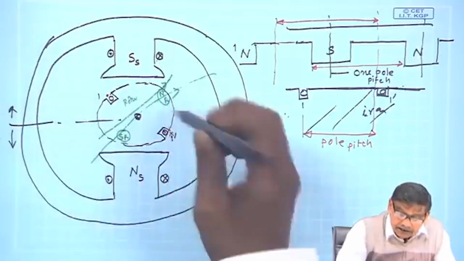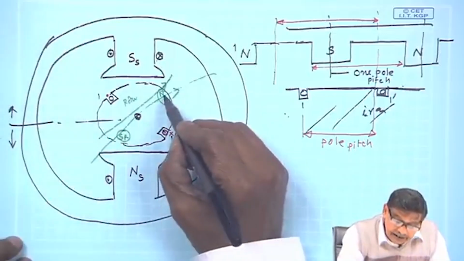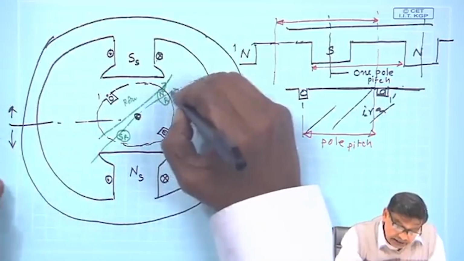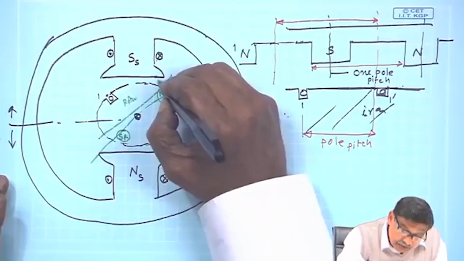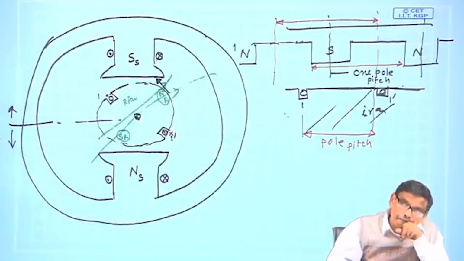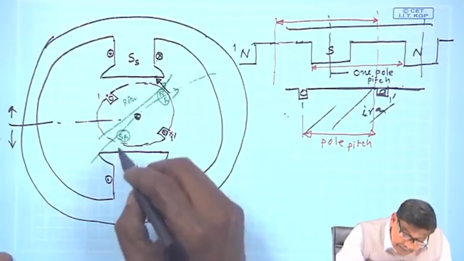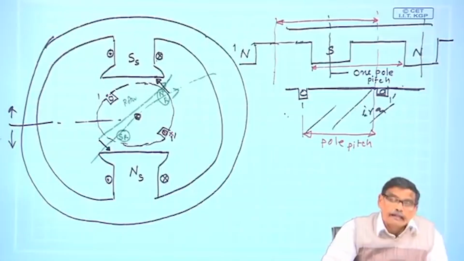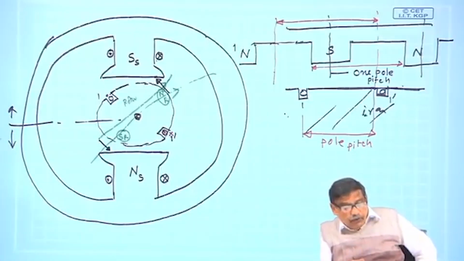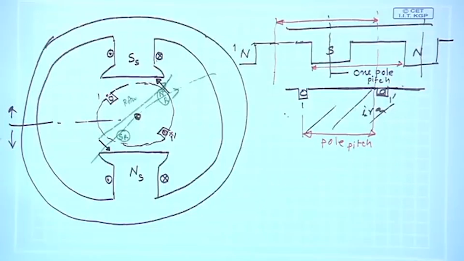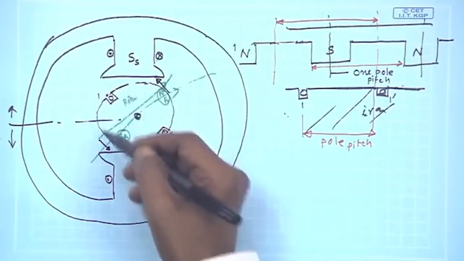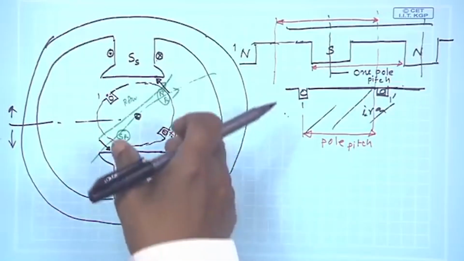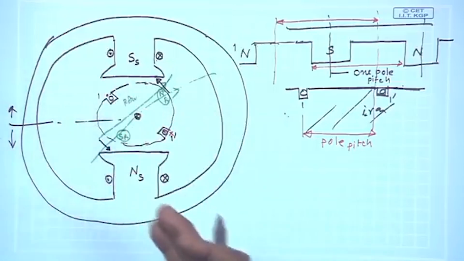For example, in this particular case you can easily see this NR and SS, this NR is free to rotate, therefore, it will experience a force in this direction, and similarly this SR experiences a force in this direction, and therefore, there will be a torque applied to this whole rotor body, and the rotor will try to spin in the anti-clockwise direction in this particular case.